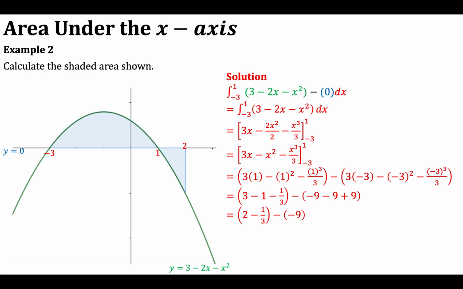From the first bracket we get 2 minus a third, and the second bracket we've got negative 9. And hopefully you can see here 2 plus 9 is 11, and we're subtracting 1/3, so that gives us 10/3 square units.